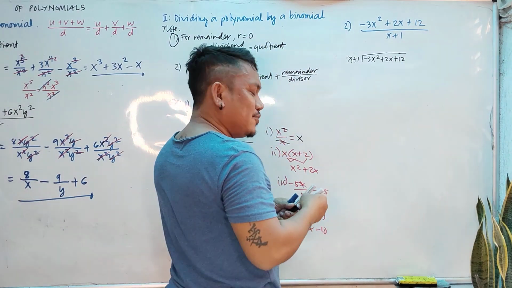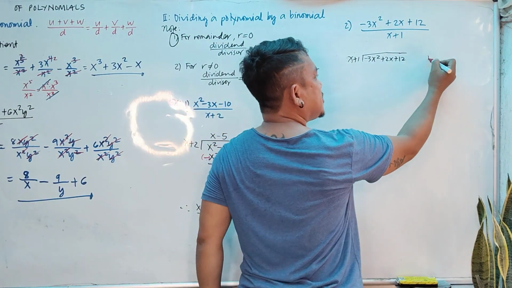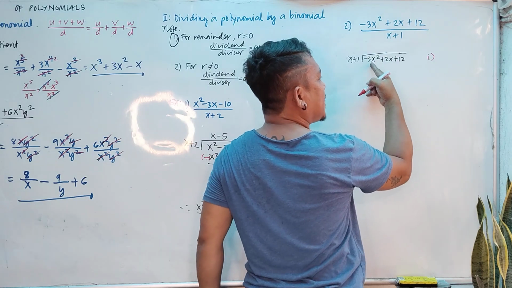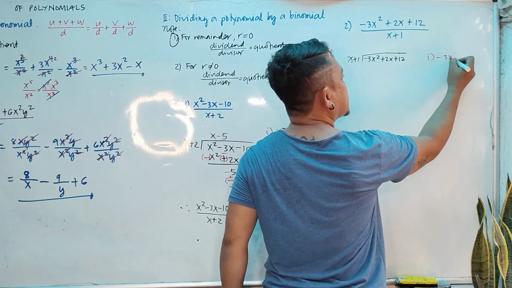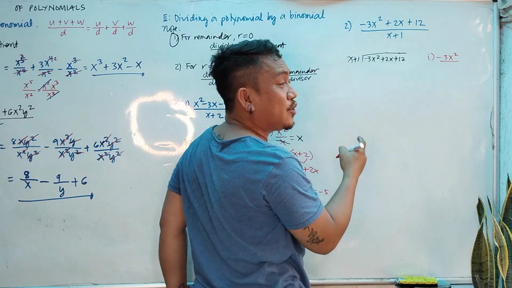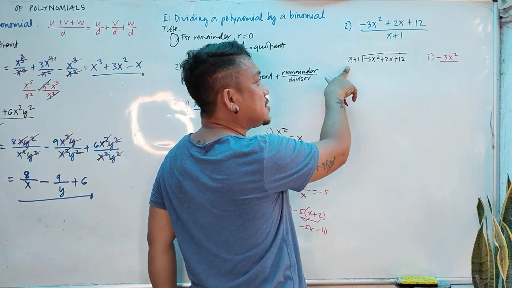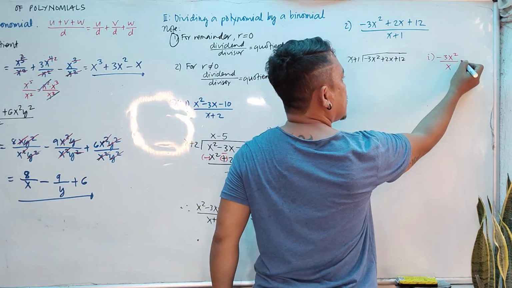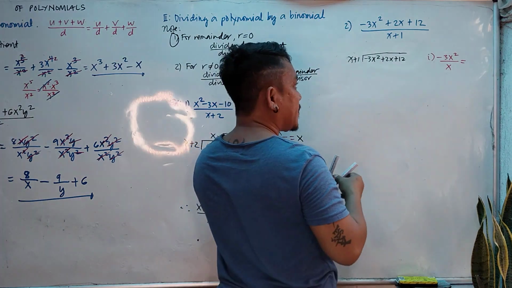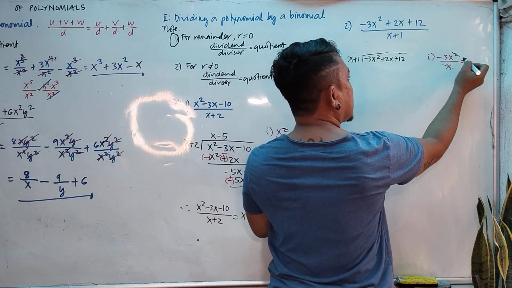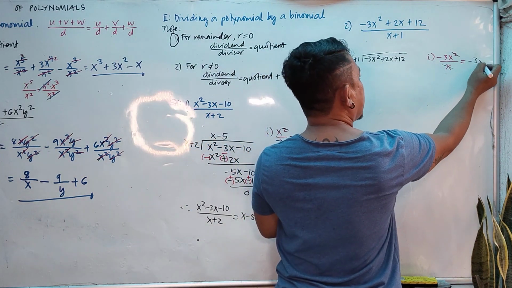Again, the first step, we look at the first term in the dividend, negative 3x squared. We divide that by the first term of the divisor, which is x. So, what would be your answer? Cancel x. Negative 3x.